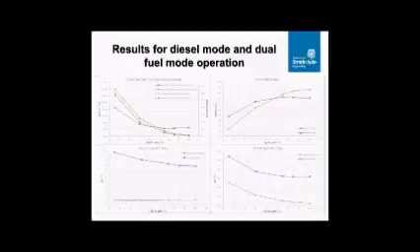Also, the nitrous oxide emissions were reduced by 85% on average in the dual-fuel mode compared with the diesel mode. The diesel mode complies with the Tier 2 limits, whereas Tier 3 limits are met in the dual-fuel operation.